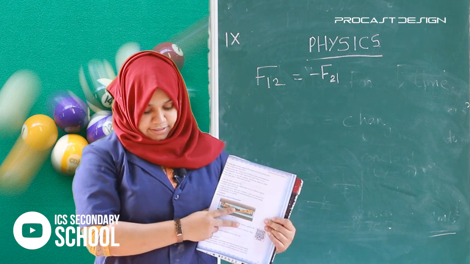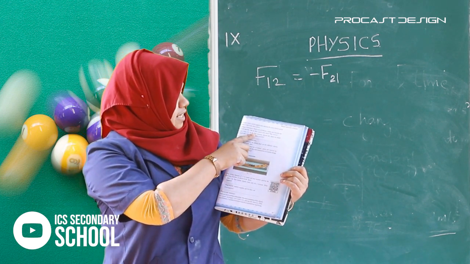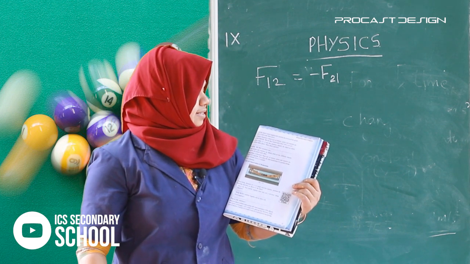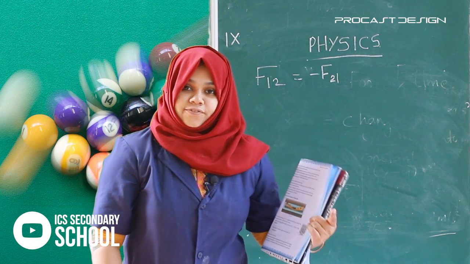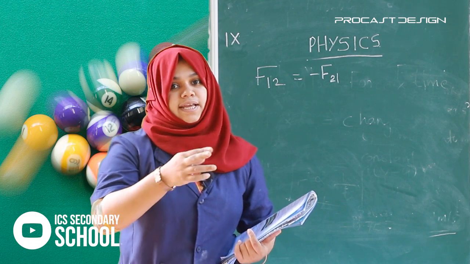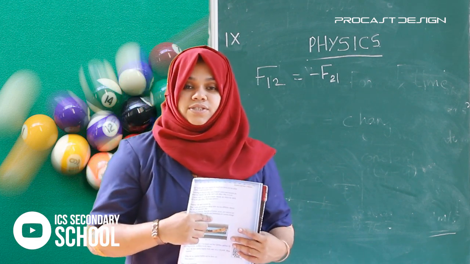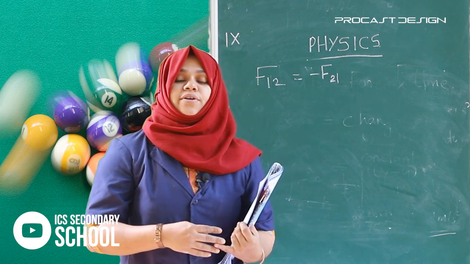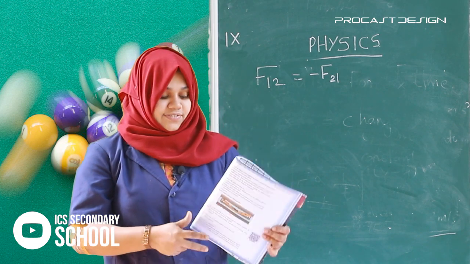Next there is a question. According to Newton's third law of motion, action and reaction are equal and opposite, but do they cancel each other? Why is it so? We know that Newton's third law states that for every action there is an equal and opposite reaction. So if they are equal and opposite, then why don't they cancel each other? What is the reason for that?